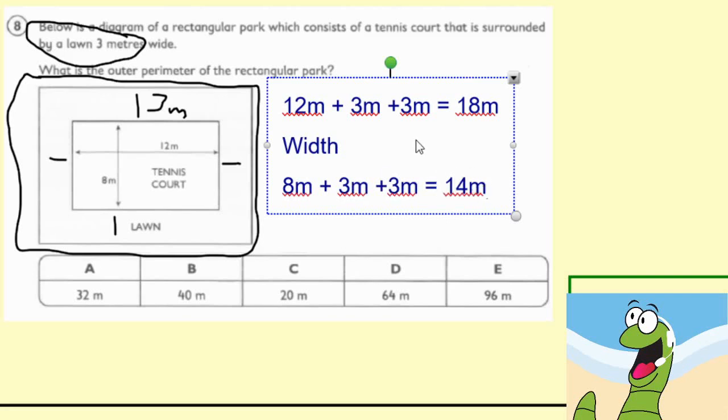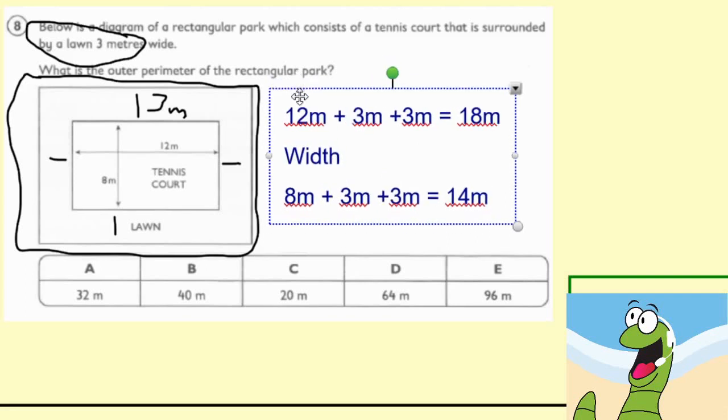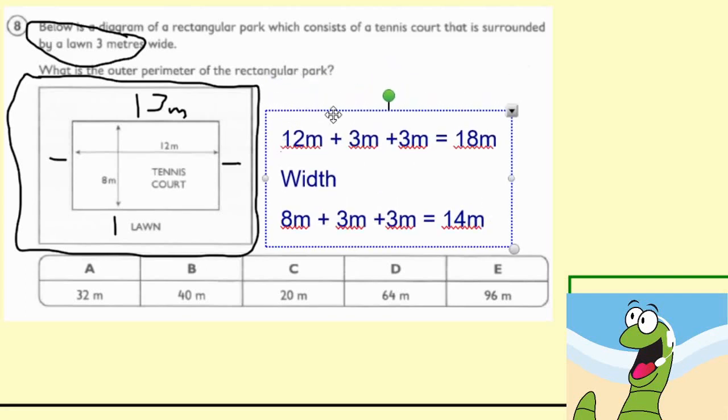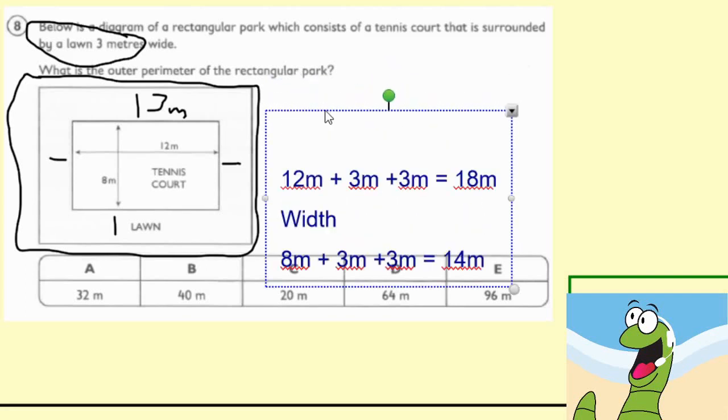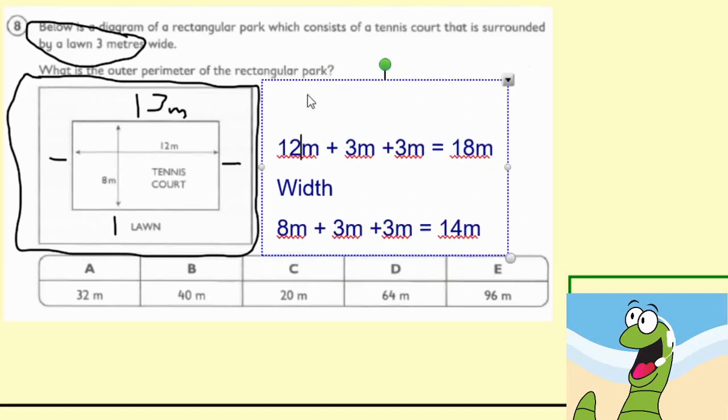So the perimeter: let me put the length in for you so that you know. That's 18, that's your length, and that's 14. So each one of these: that's 18, that's 14, that's 18, and that's 14.